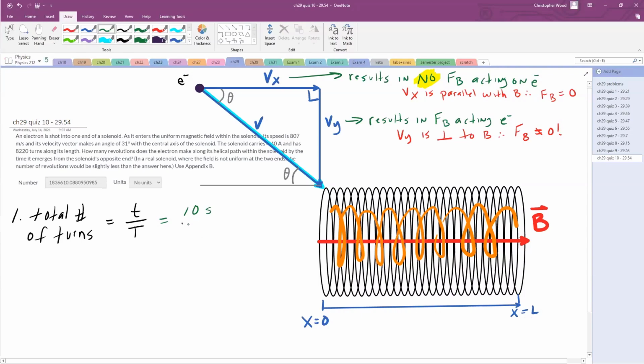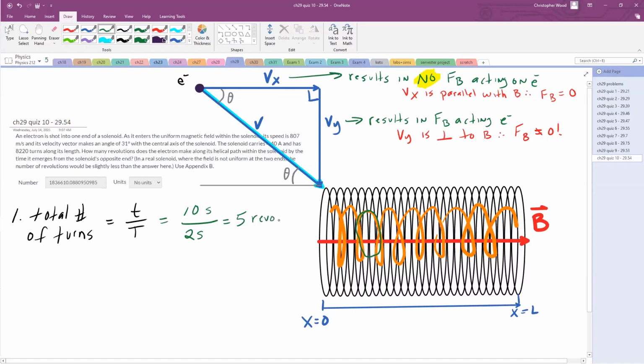Let's also say, just for the sake of a fictitious example, it takes 2 seconds to complete one of these orbits. It takes 2 seconds for one orbit to complete. That basically means I have five revolutions.